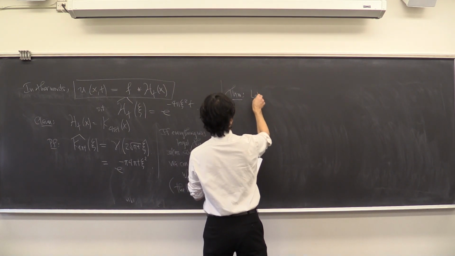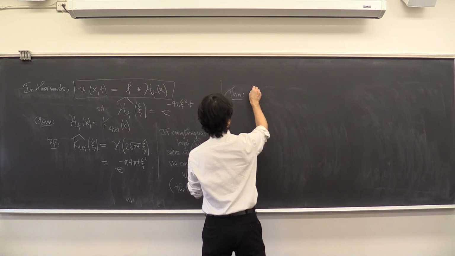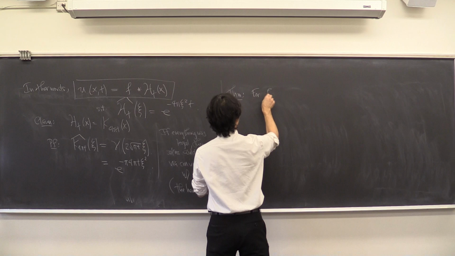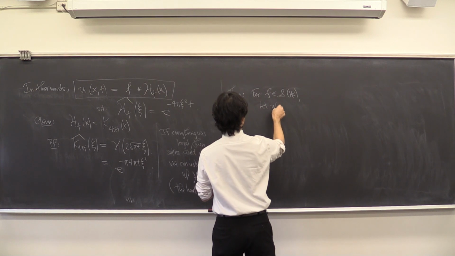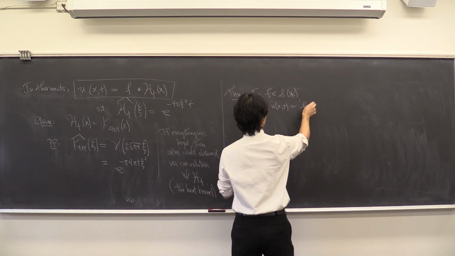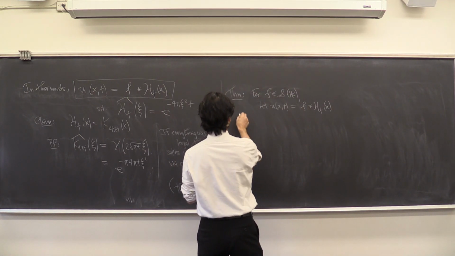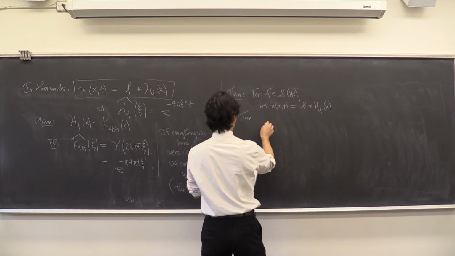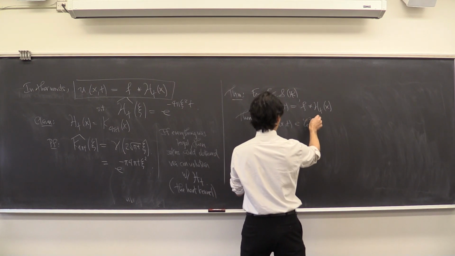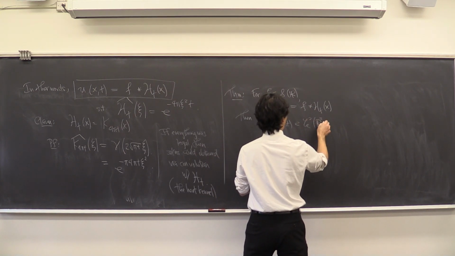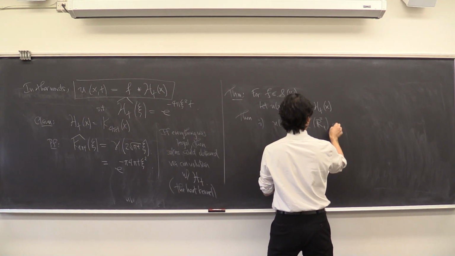So for f in the Schwartz class, let u of x,t be f convolved with h sub t at x. Then one, u of x,t is continuously twice differentiable on the upper half plane and solves the heat equation.